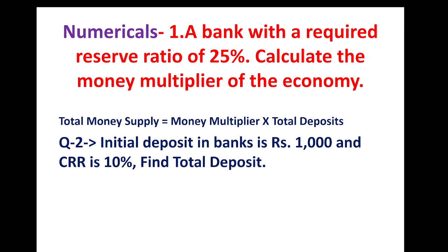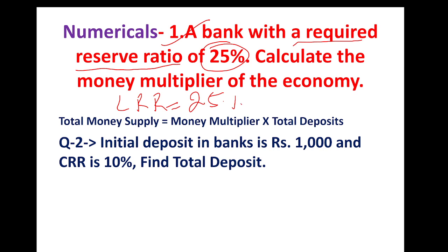See here, this question. A bank with a required reserve ratio of 25%, calculate money multiplier. How will you calculate money multiplier? First, you can see there is a written required reserve ratio. Students, you know that required reserve ratio means LRR. LRR equal to 25%.